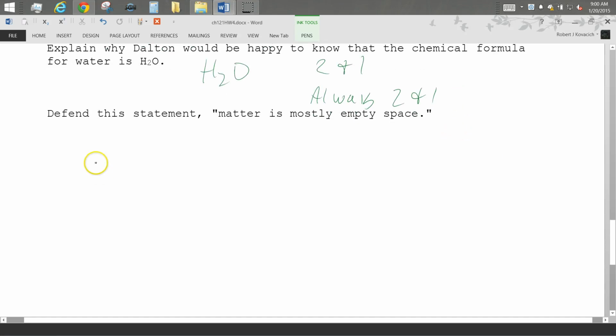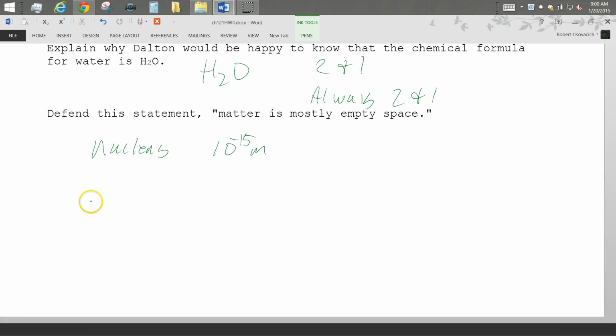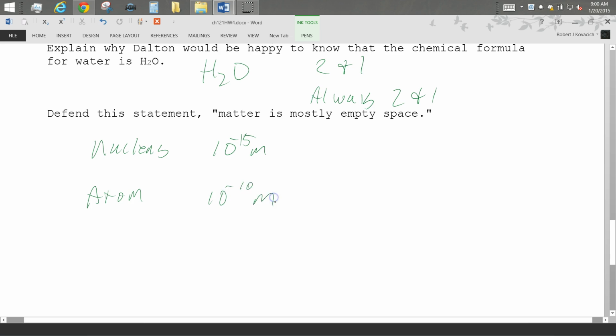Okay, so the nucleus is about 10 to the negative 15th meters in size. So really, really small, right? And the atom is about 10 to the negative 10th meters. So the difference between those two things is 10,000, 5 zeros. So the nucleus is 10,000 times smaller than the atom.